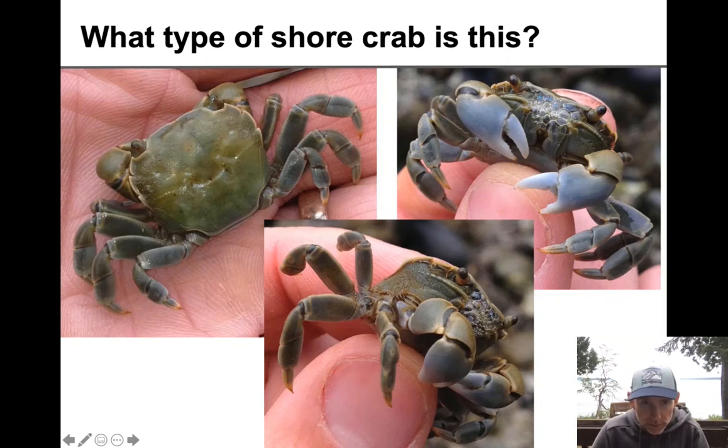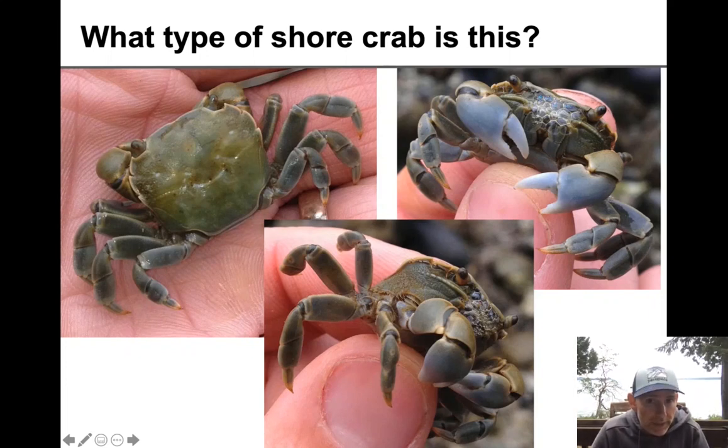Using what I've just told you, can you identify this crab? Remember to use the mnemonic, starting with the carapace, then moving on to the claws and the walking legs, and then finally thinking about color.